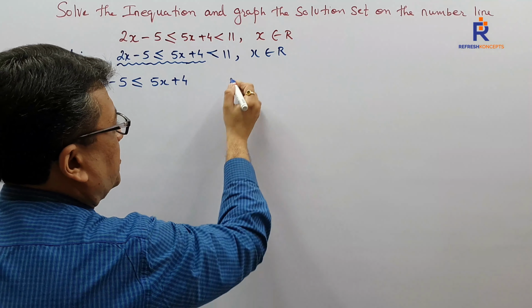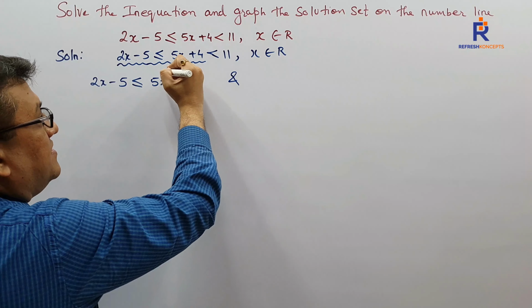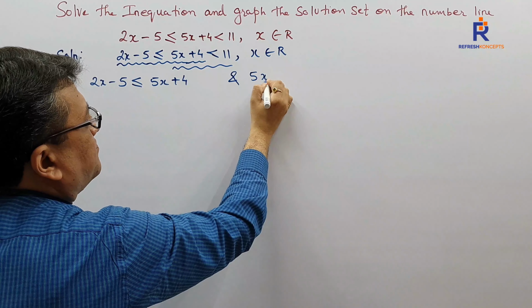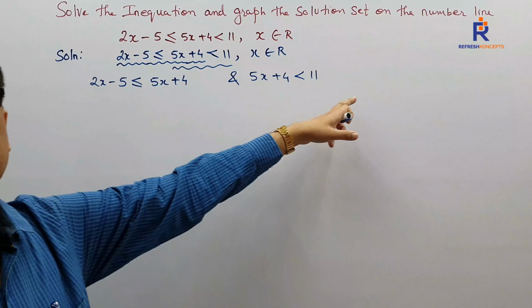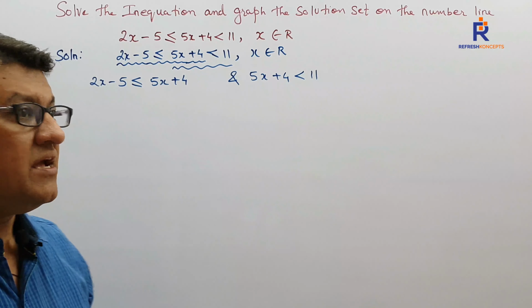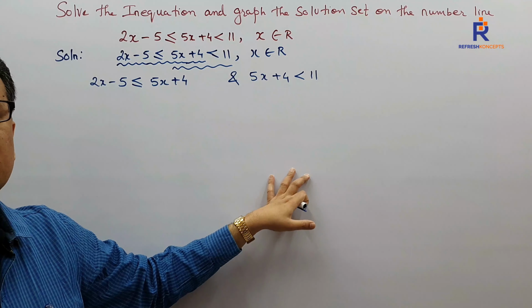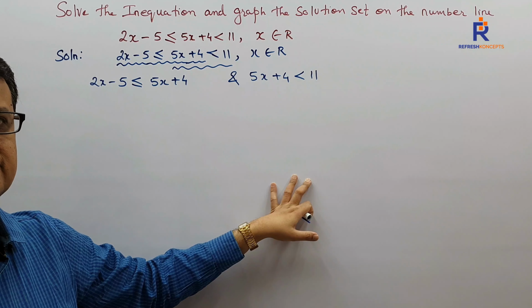Simultaneously, I'll write down the second inequality also: 5x plus 4 less than 11. Do not write x belongs to the set of real numbers at this juncture. We need to solve each, get some answer, and club them together to get our final inequation.